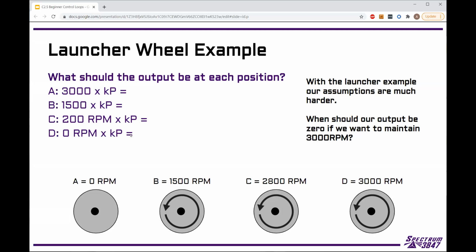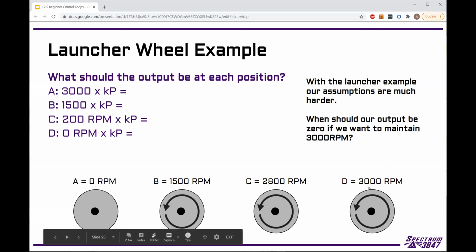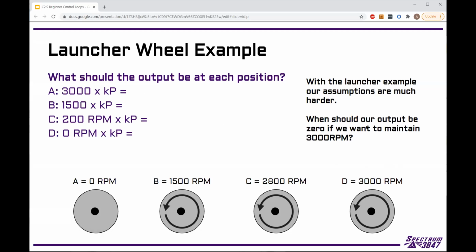Because before, when we had this 0 down here, because that's where the elevator was at position, we didn't want it to move anymore. We tell it to be 0 output, and that's great. However, when the launcher wheel is at 3000 RPM, we don't really want it to stop outputting, right?